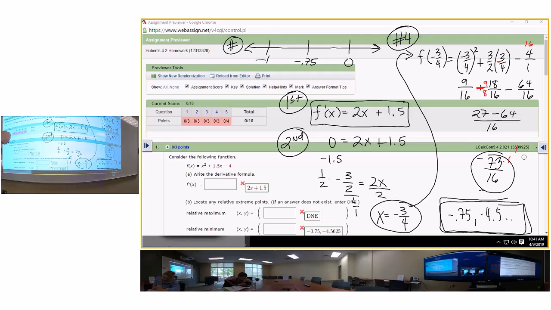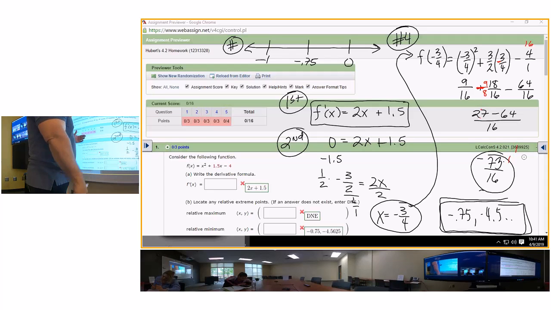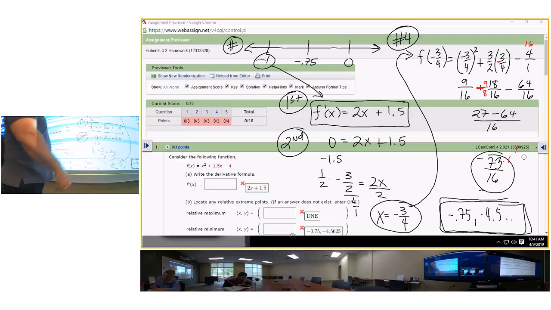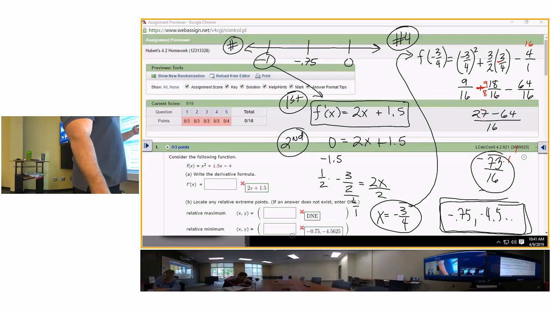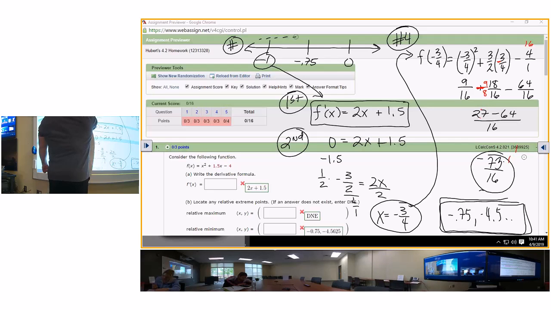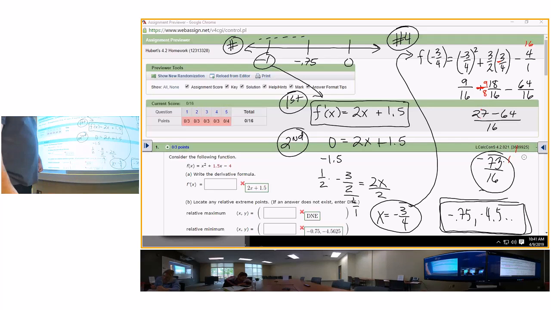Negative 1. So somebody plug negative 1 into your derivative. Negative 1 times 2 is negative 2, right? What's negative 2 plus 1.5? Negative. So this one is decreasing.